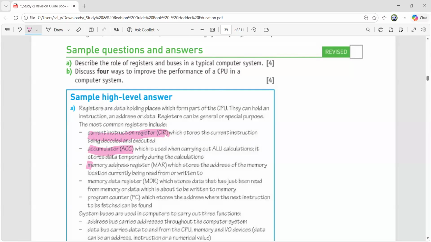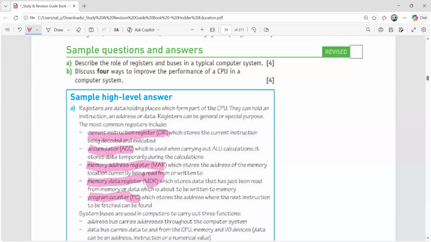Accumulator, memory address register or MAR, then memory data register, MDR, and then he is mentioning the program counter. And then see, how is it defined? It stores the current instruction being decoded and executed. Remember, current instruction being decoded and executed. That will give you a good answer.